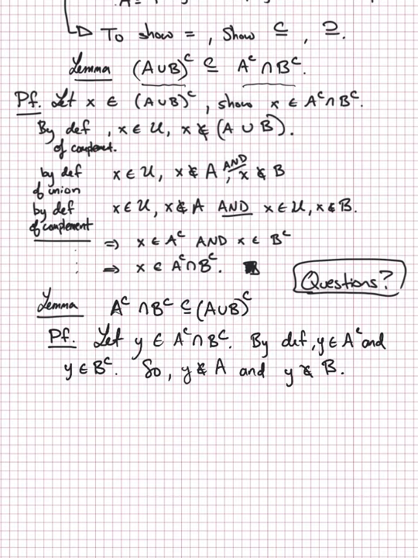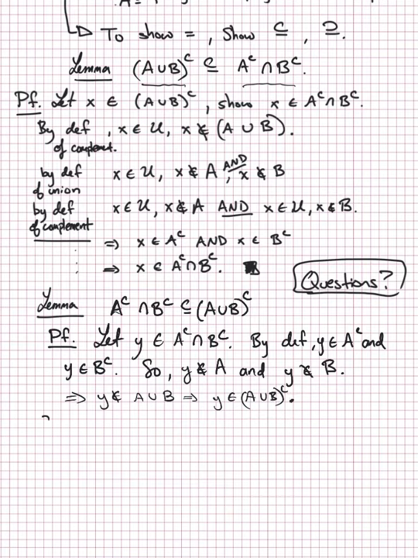So we have Y is not in there, and Y is not in there. So this means that Y is not in A union B, which means Y is in the complement of A union B. Okay?